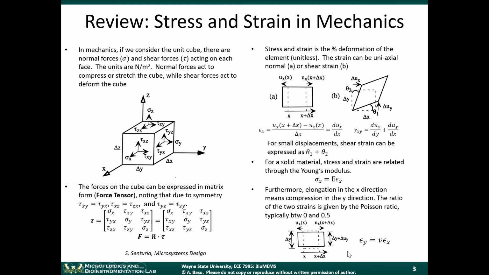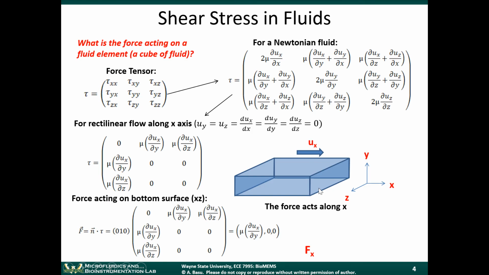It describes how if you stretch an element out in one direction, it compresses in the other direction. So if you stretch this element out in the x direction, it compresses in the y direction. The ratio of the two is given by this linear constant, Poisson's ratio, typically between 0 and 0.5. So that's a little bit of stress and strain mechanics to remind you.